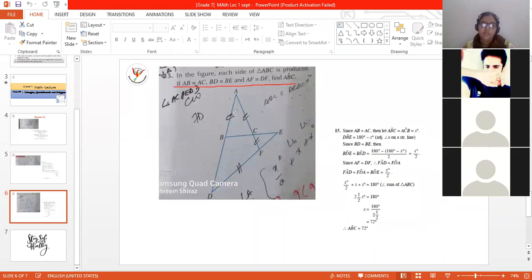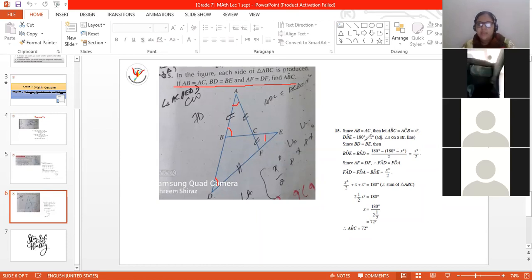Now, if two sides of a triangle are equal, then the two angles will also be equal. If this triangle is DBE, then if these sides are the same, these angles will also be the same. Same is the case with CEF. So if the triangle has two sides equal, then the two angles will be the same.